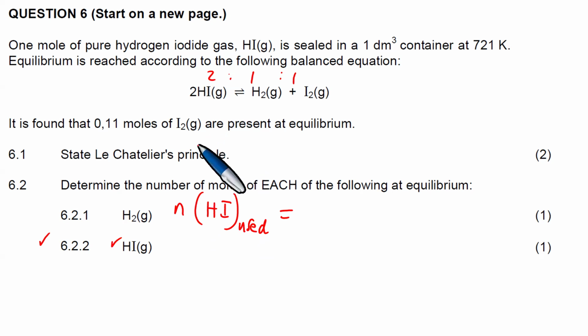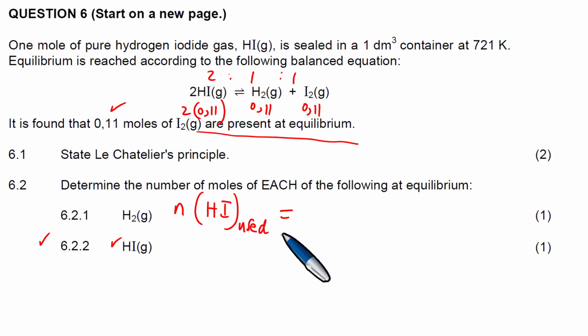It is found that 0.11 moles of hydrogen iodide are present at equilibrium with 0.11 of iodine present. Now the ratio between hydrogen iodide and iodine is 1:1, so this one here would have to be double that.